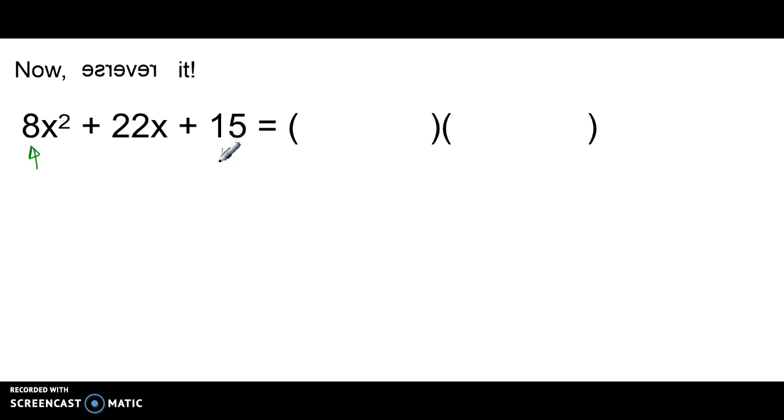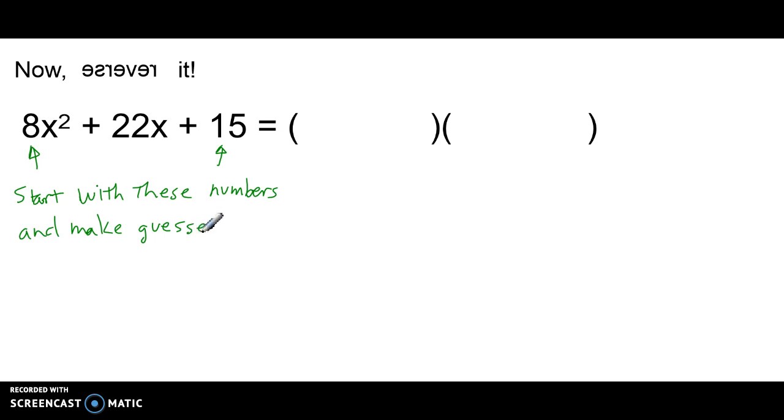Here's the easiest way that we can simplify things down. Start with these numbers at the end. What you're going to do with those numbers is make a list of guesses. What I mean by that is, remember, the 8 and the 15, those come out of the first parts of the polynomials and the end parts of the polynomials, and they're the easy parts.